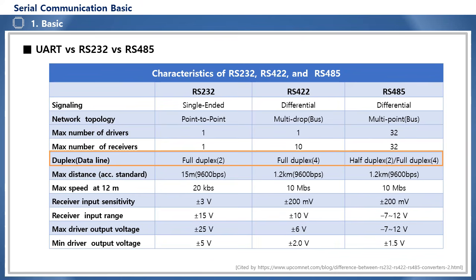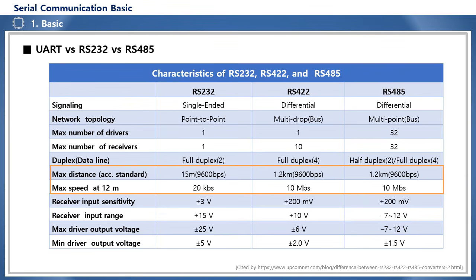In other words, RS-485 ICs are separately lined up for half duplex and full duplex, so they can be applied according to the purpose. The maximum communication range is 15 meters for RS-232 and 1.2 kilometers for RS-422 and RS-485 at 9,600 bps. The maximum transmission speed is 20 kbps for RS-232 and 10 megabits per second for RS-422 and RS-485 at 12 meters.